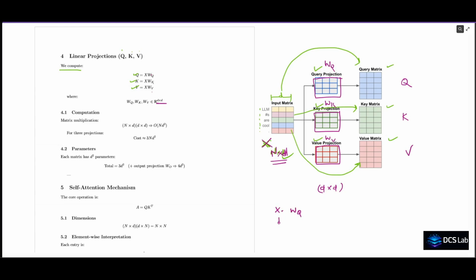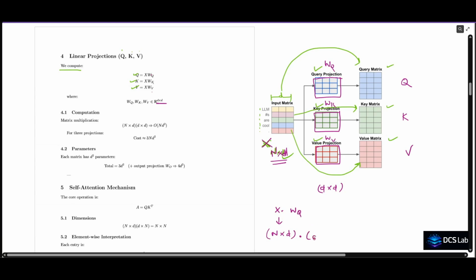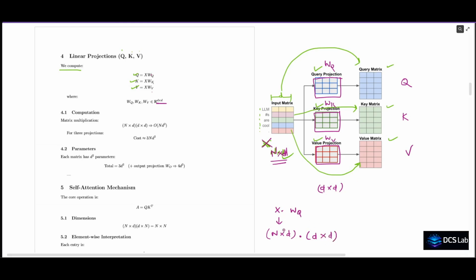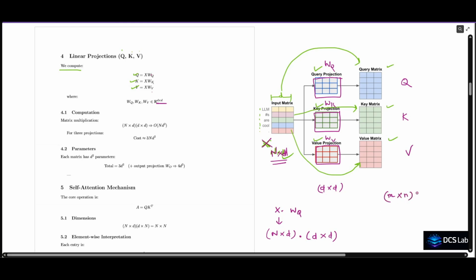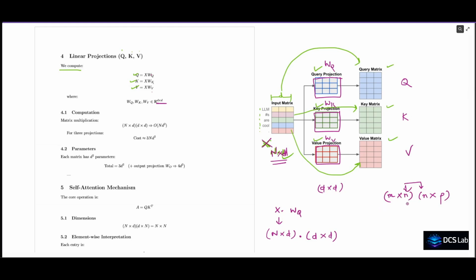The dimension of X is n cross d, and the dimension of WQ is d cross d. As per the matrix multiplication principle, if you have a matrix of dimension m cross n and another of dimension n cross p, multiplication is possible only if the number of columns in the first matrix equals the number of rows in the second.